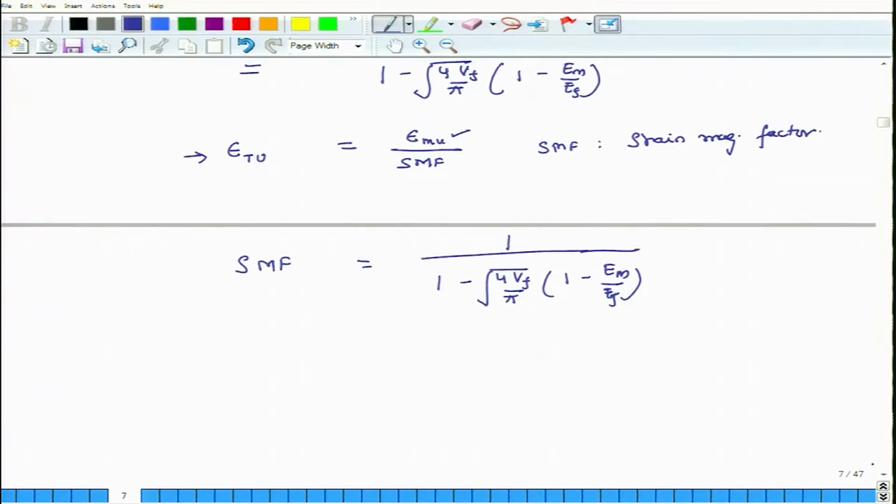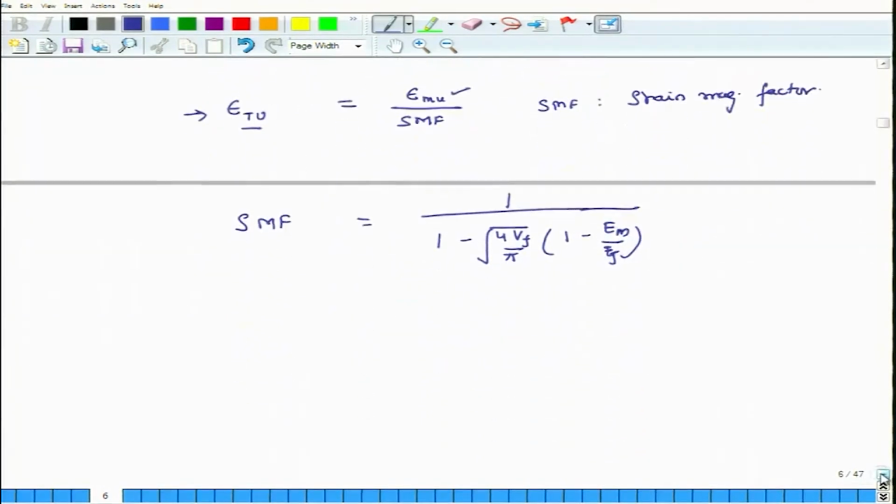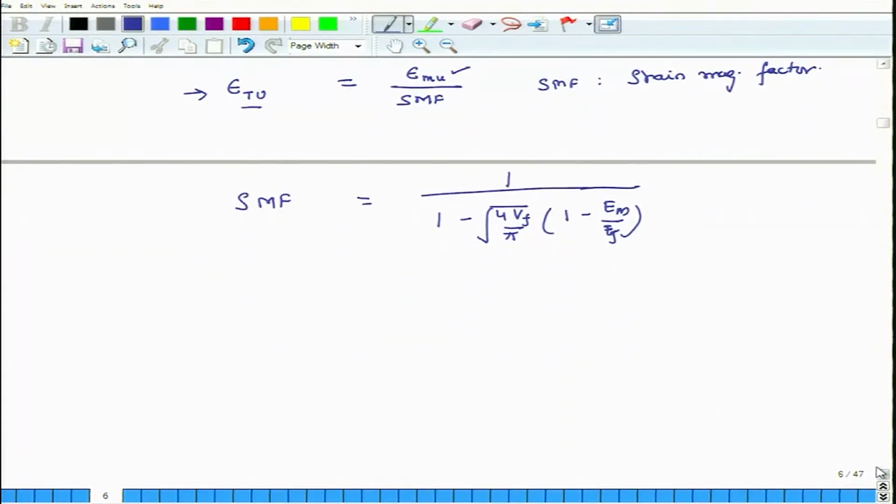So, these are two ways to compute the strength of the unidirectional composite when it is loaded in transverse direction in tension. There is a third relation which is also sometimes used, and this is also for strain, and this is equal to epsilon mu into 1 minus Vf to the power of 1 by 3.